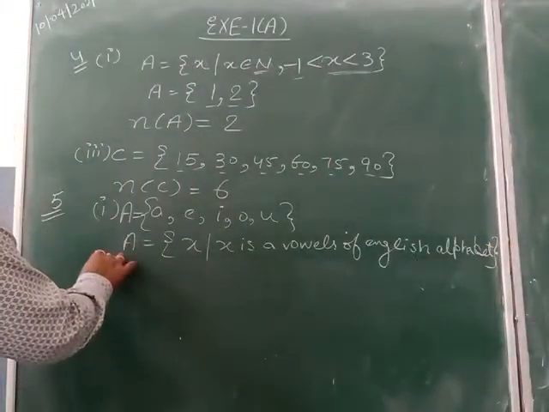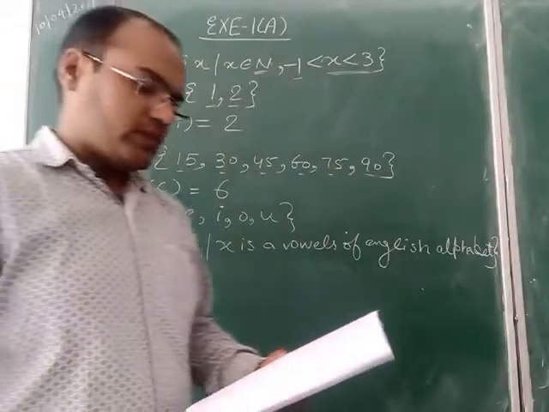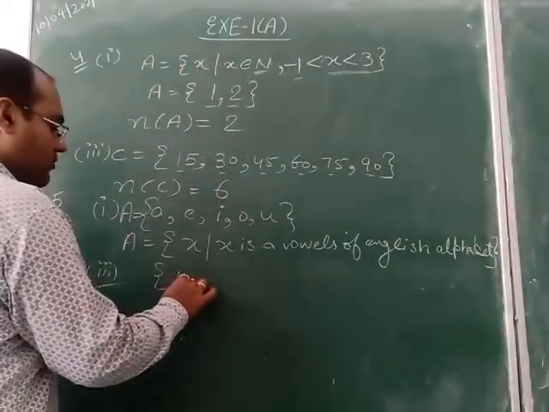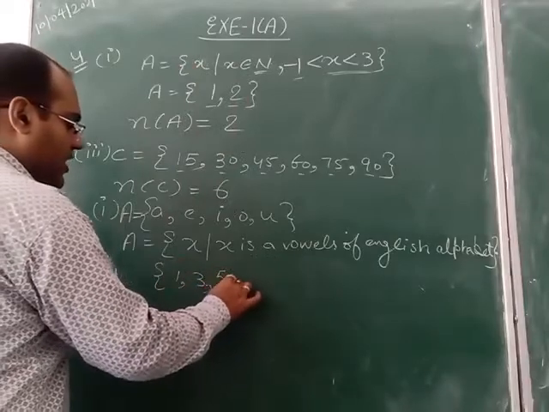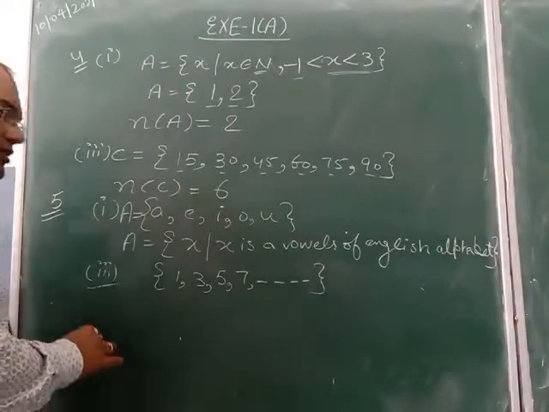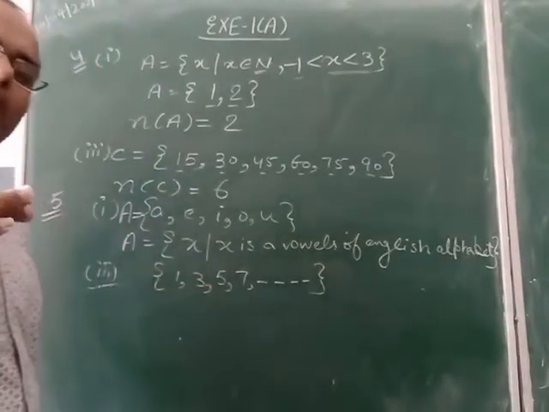Now part number 3. 1, 3, 5, 7 and so on. What you are observing here is that these are those numbers which do not come in the table of 2.